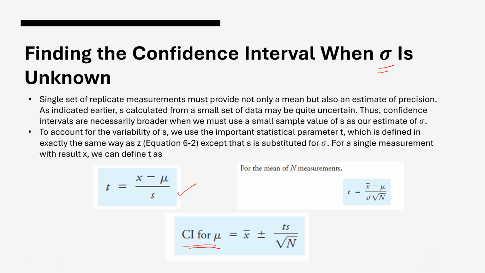This is your experimental measurement minus mu, or the value for your population mean. Now, if you have n number of measurements, you can use this for the calculation of t. So again, you can use this if you only measure once. This is the value of the t. But if you have a lot of measurements, you can use this instead. Okay?